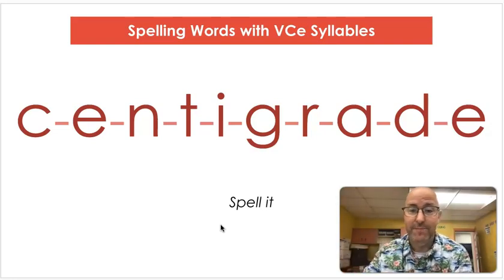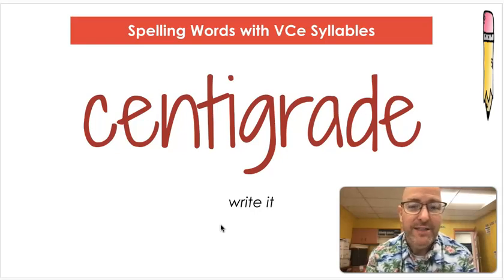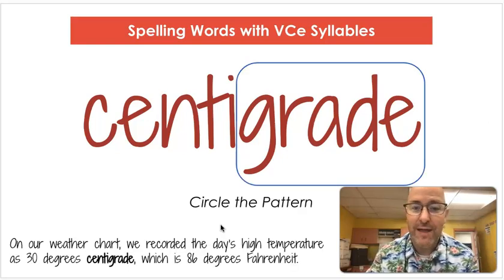C-E-N-T-I-G-R-A-D-E. Centigrade. Let's write it. C-E-N-T-I-G-R-A-D-E. Let's circle that last pattern, that last syllable. On our weather chart, we recorded the day's high temperature as 30 degrees centigrade, which is 86 degrees Fahrenheit.